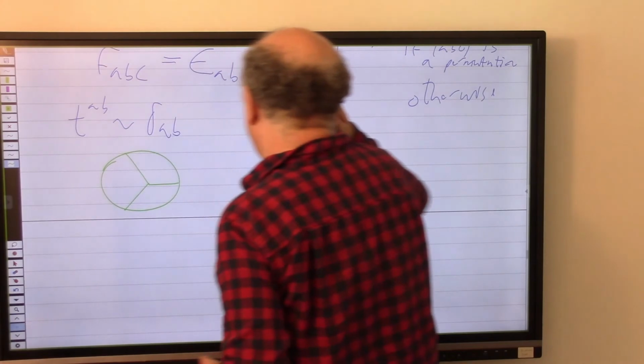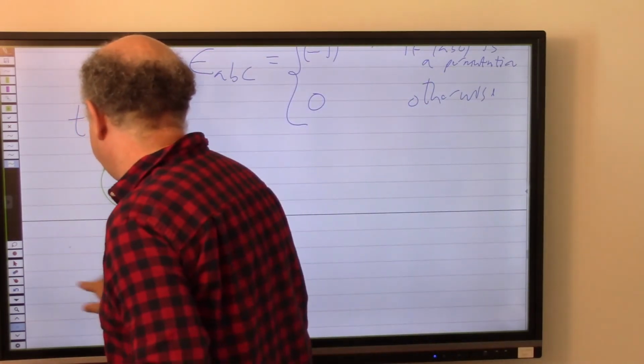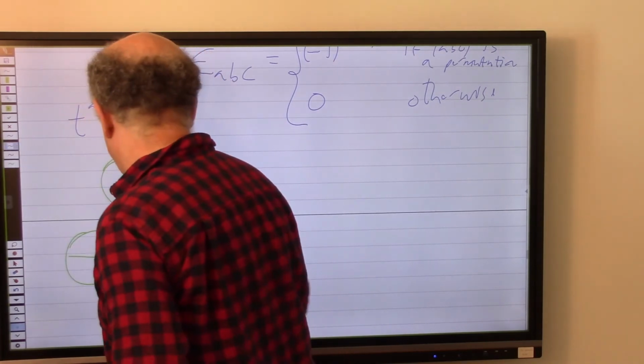So let's try to compute it. Maybe that one was a bit too ambitious, so let's start with a simpler one. Let's compute this diagram.